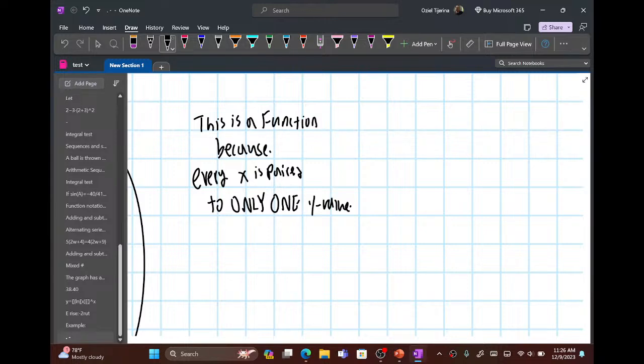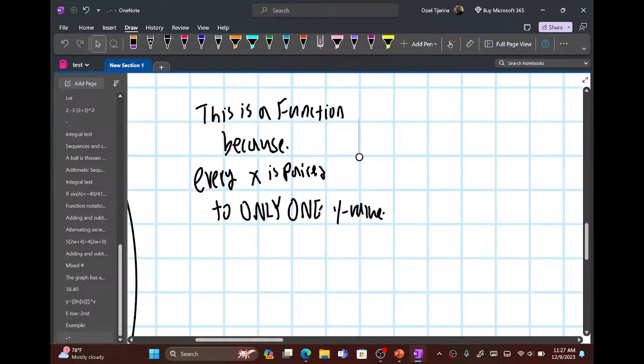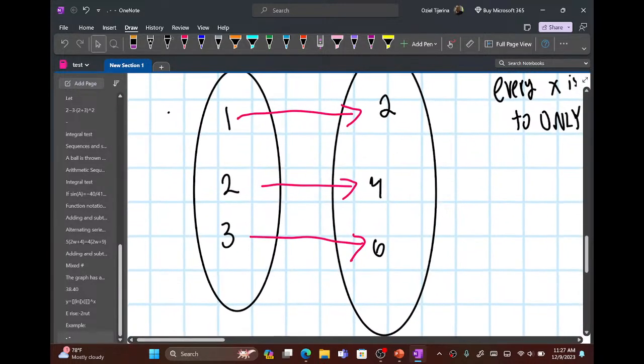We want to make sure that we understand that every x can only have one y value.